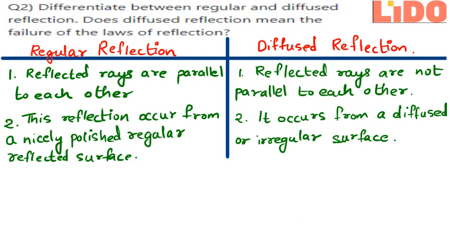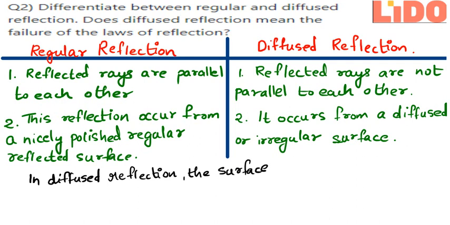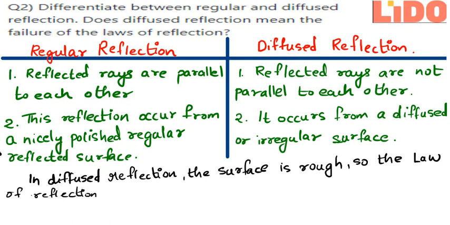So let's write, in diffused reflection, the surface is rough. So the law of reflection holds true.